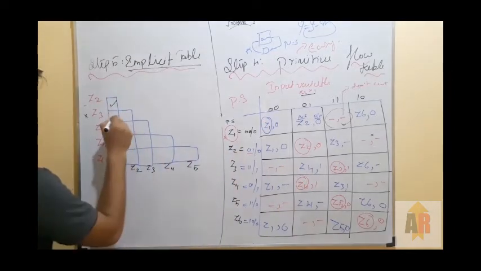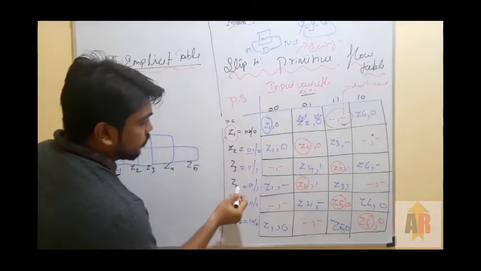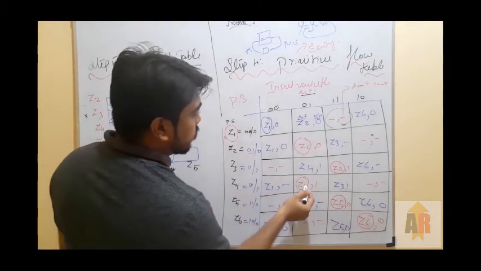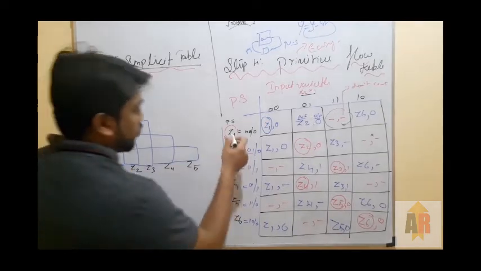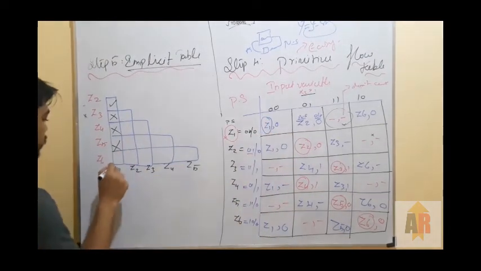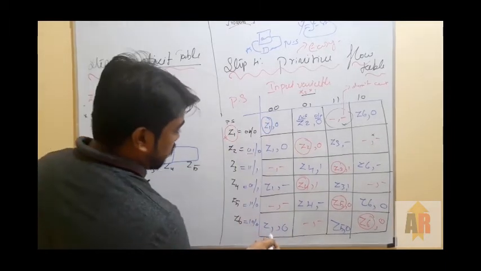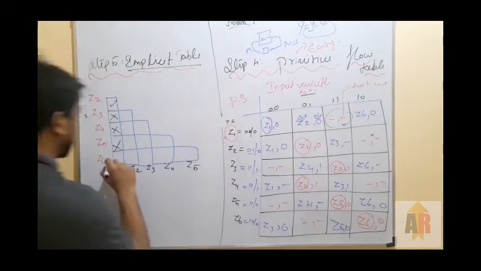So Z1 with Z3 is not possible. Z1 with Z4, here also Z4, Z2, once again not possible. Z1 with Z5, here also Z4, Z2, not possible. Z1 with Z6, so Z1, 0, no problem, Z6, 0, which means it is possible.